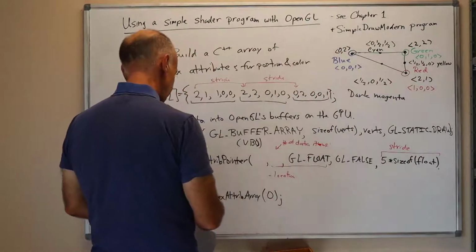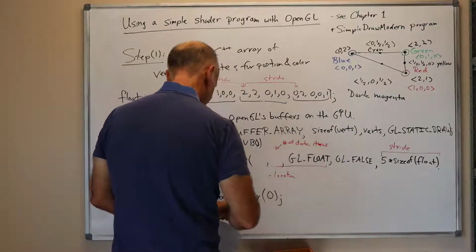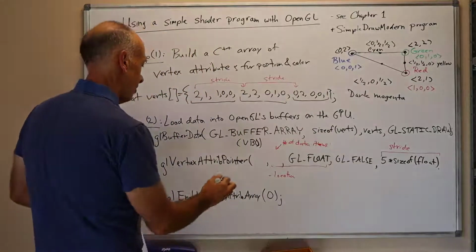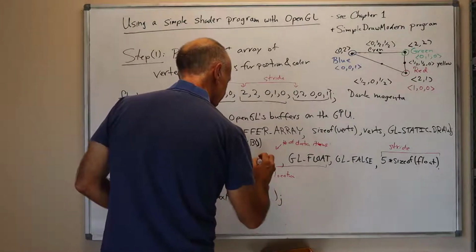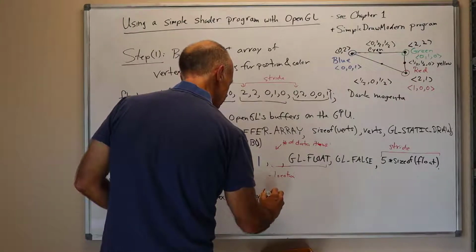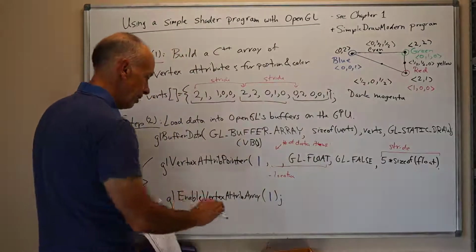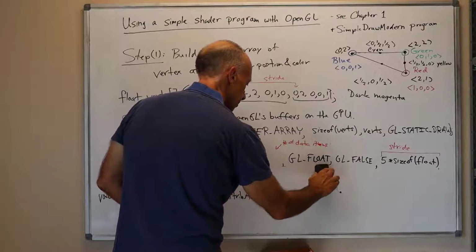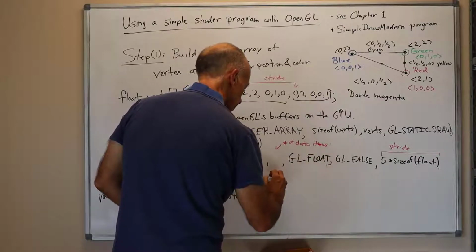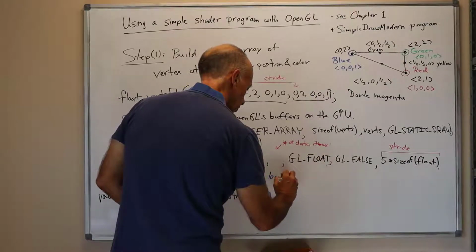So let's fill in what this is going to be. I'll use another color in the hopes you can see the difference in the color. So the location, whoops, I changed both of them. So the location is going to be location 1. So location 1 will hold color value.